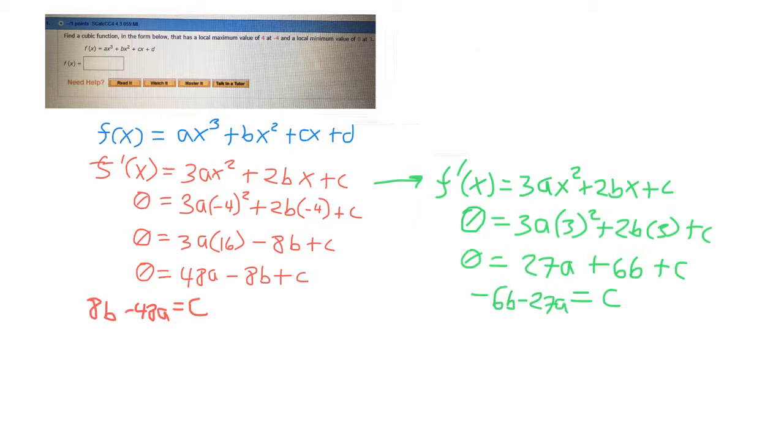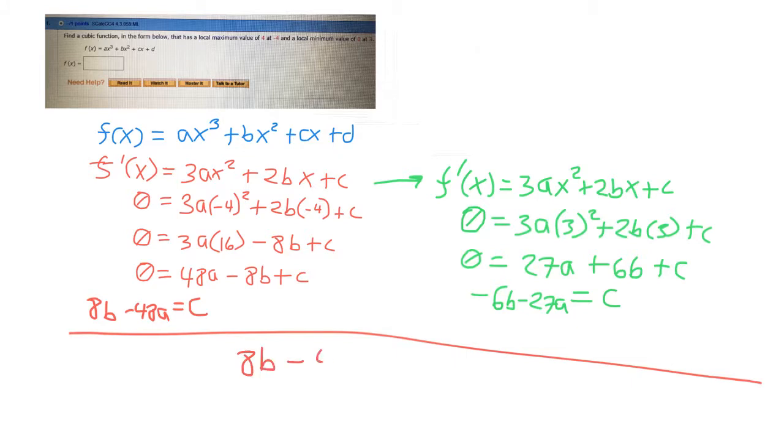And then since c equals c, we know for sure that negative 6b minus 27a equals 8b minus 48a. So do a little line here. And we could set these equal to each other.